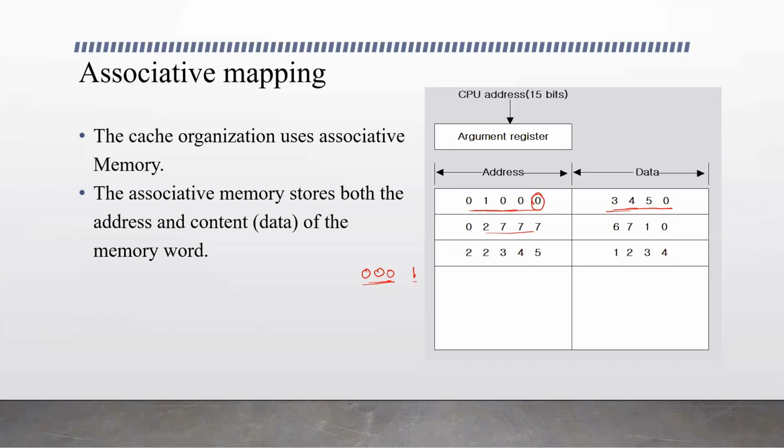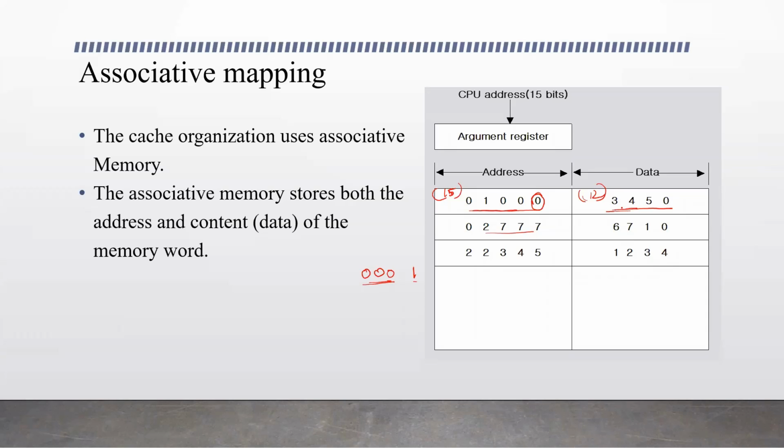Each digit in octal is equivalent to 3 binary bits. As we have 15 bits in the address line, we have 5 octal digits, each representing 3 binary bits. The data in main memory is 12 bits, so we use 4 octal digits to represent those 12 bits, each having 3 bits.